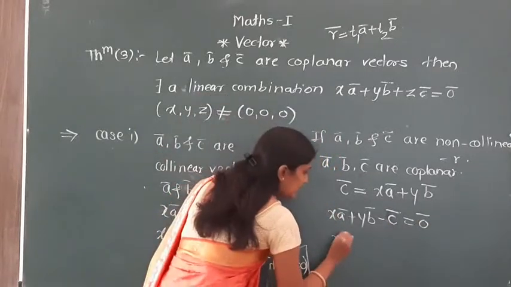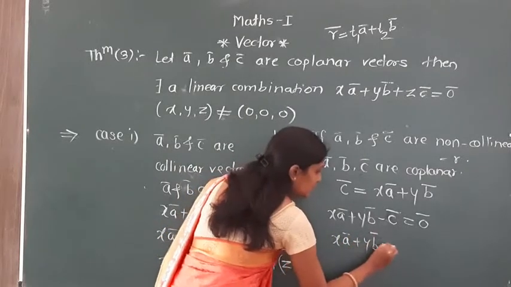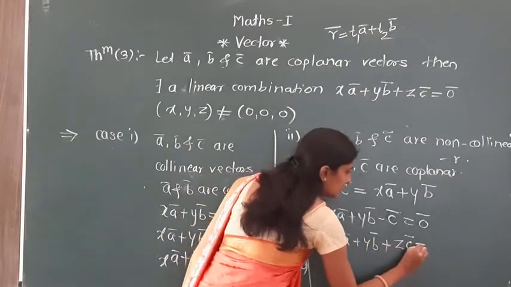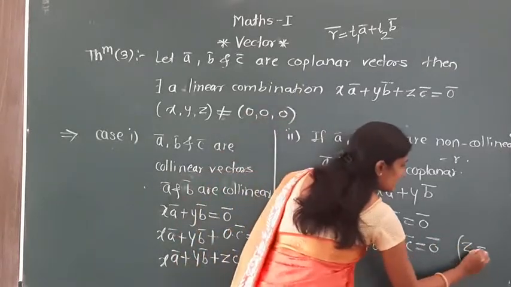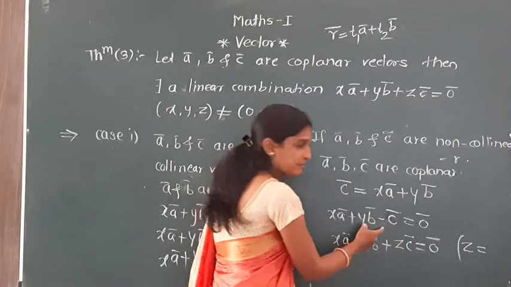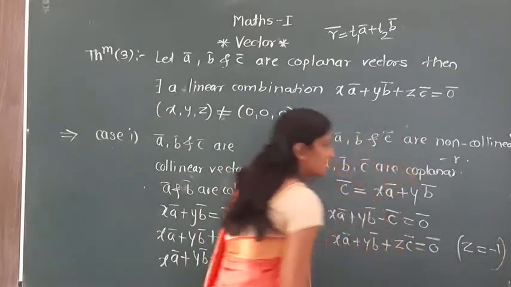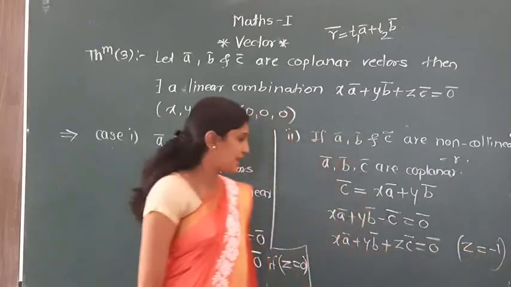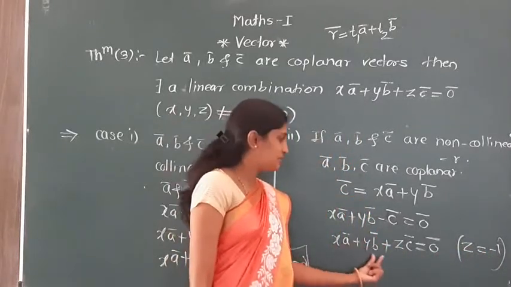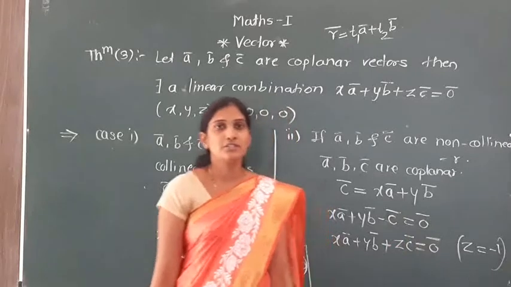That is X A bar plus Y B bar plus Z C bar is equal to 0 bar, when Z is equal to what? Minus 1. The value of Z is equal to minus 1, then X A bar plus Y B bar plus Z C bar is equal to 0 bar.